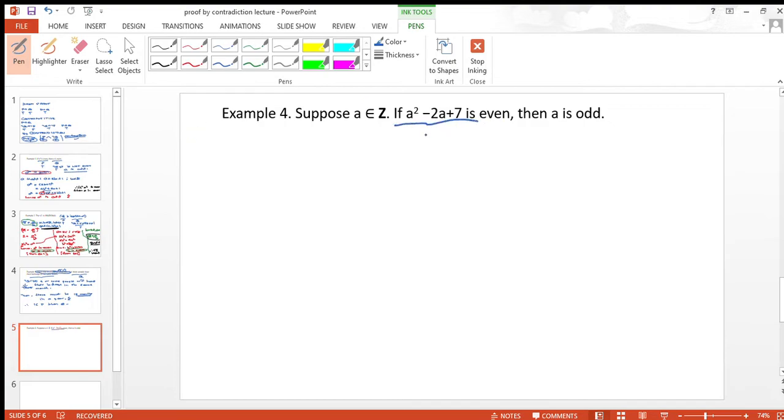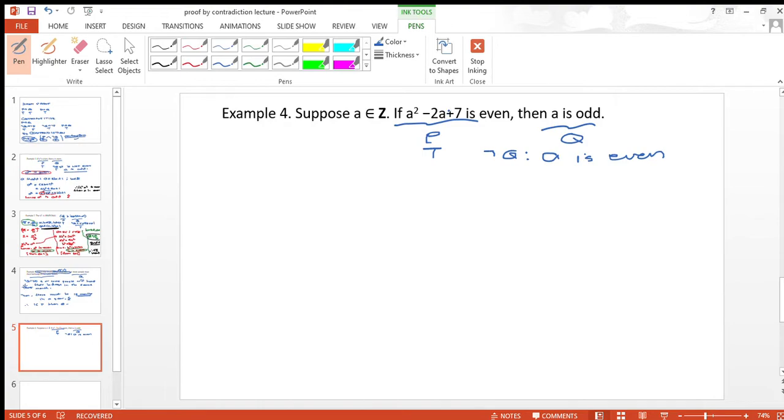So this must be our P, and this must be our Q. P is assumed to be true. We need not Q. What will be our not Q? A is not odd, or A is even.